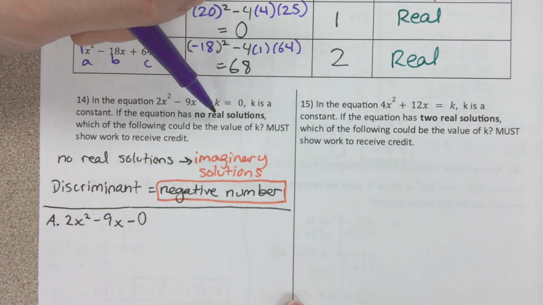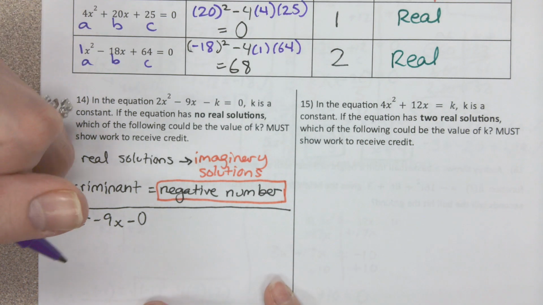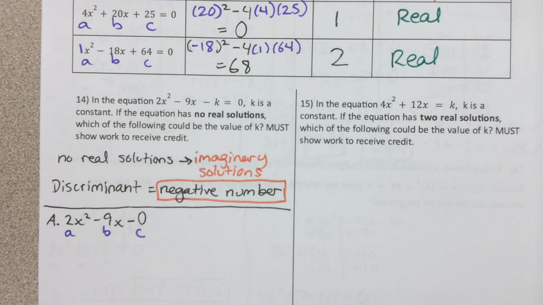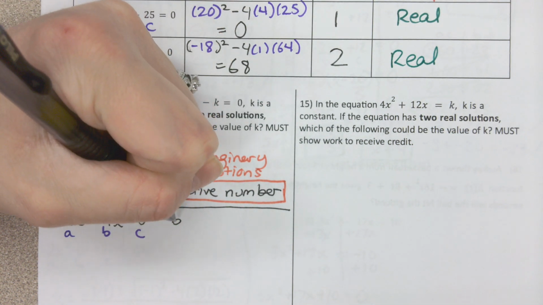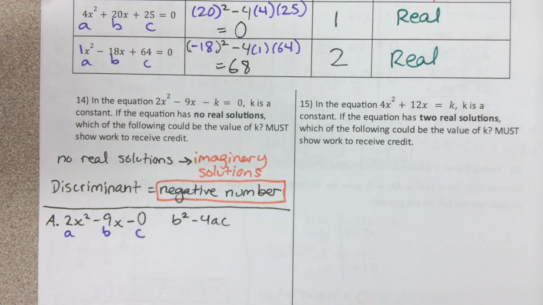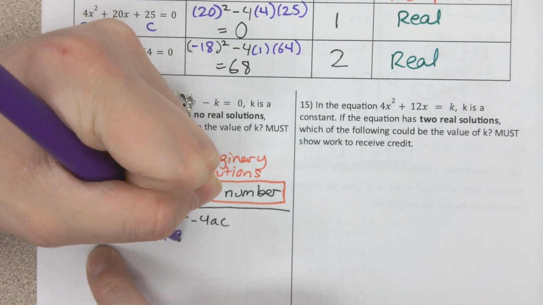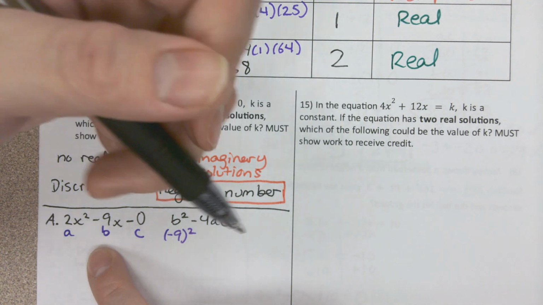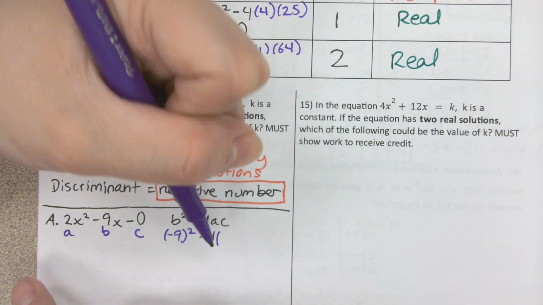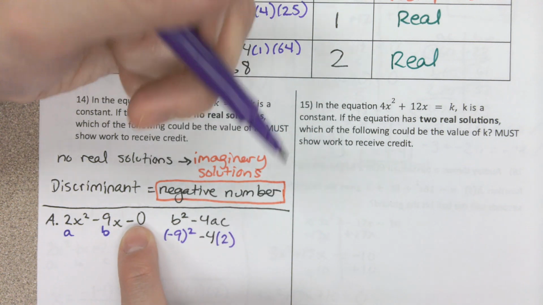And you don't have to worry about writing down the equals 0 if you don't want to. We have A, B, and C. B squared minus 4AC, that's how we find the discriminant. So we have B, which is negative 9 squared, minus 4 times A, which is 2, times C, which is 0.